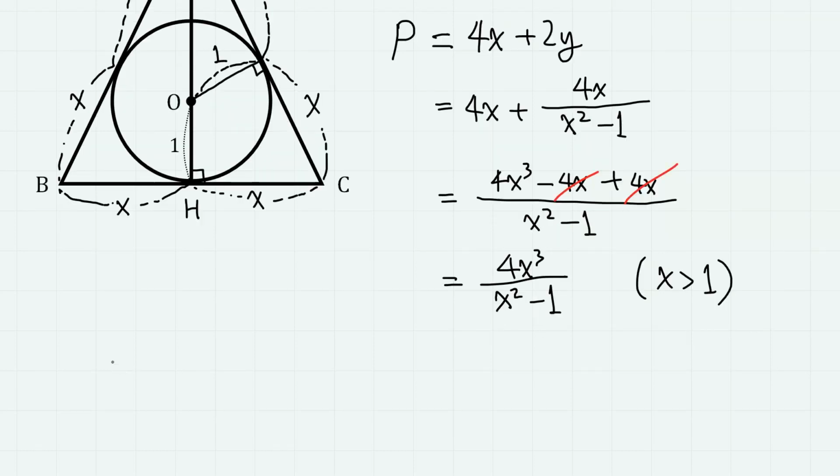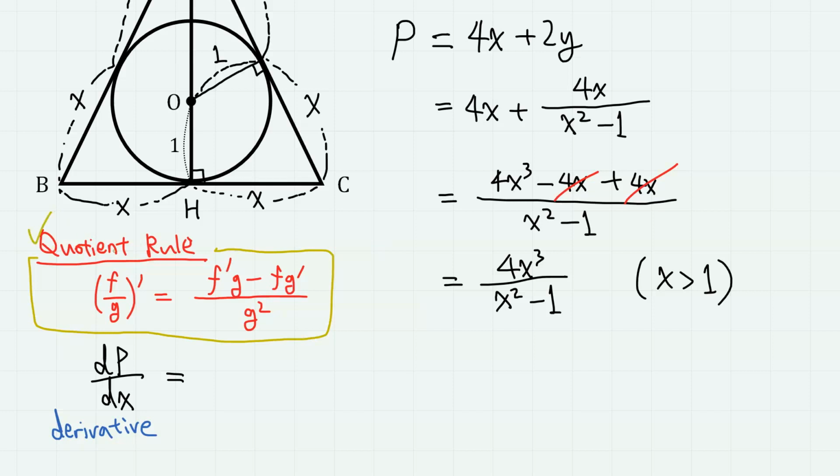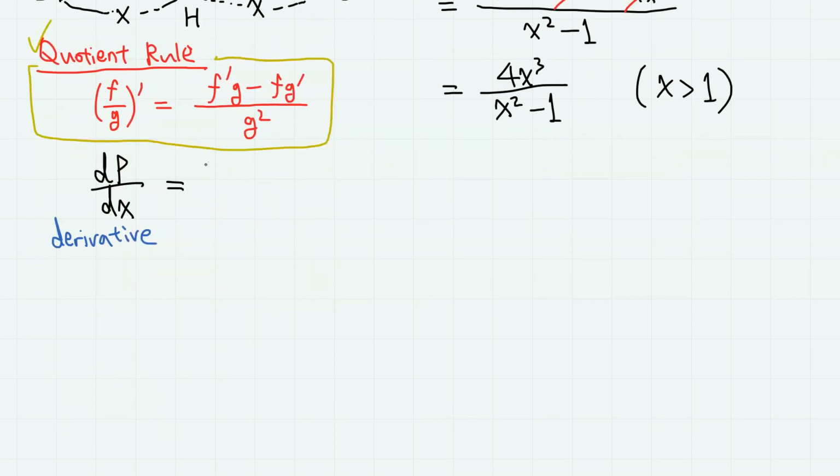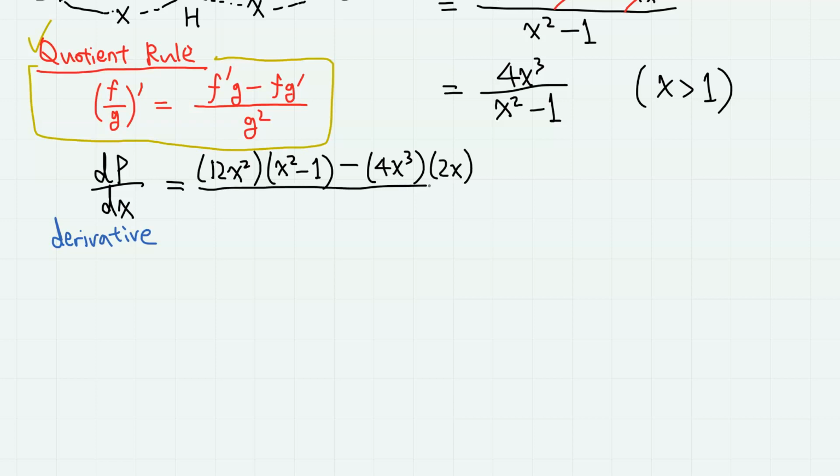In order to find the minimum, let us take the derivative. And we have to use the quotient rule here. So by this rule, we have the derivative of the numerator, which is 12x squared, times the whole denominator, x squared minus 1, minus the whole numerator, 4x cubed, times the derivative of the denominator, 2x, over the denominator squared, so x squared minus 1 squared.